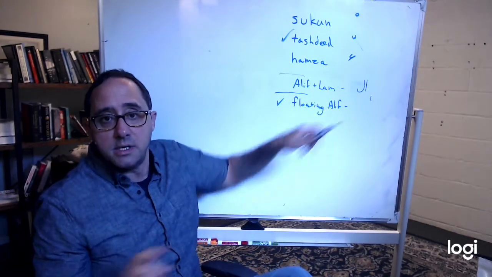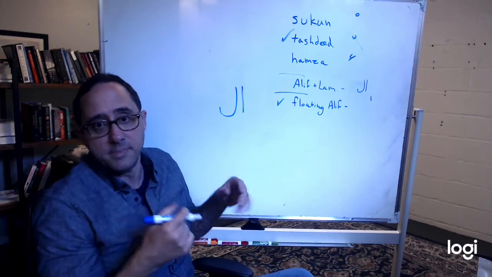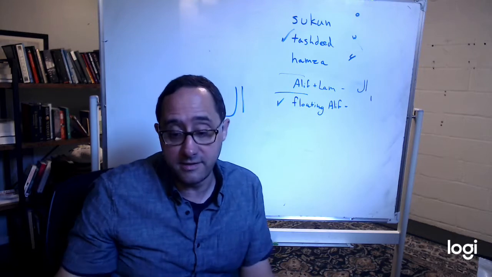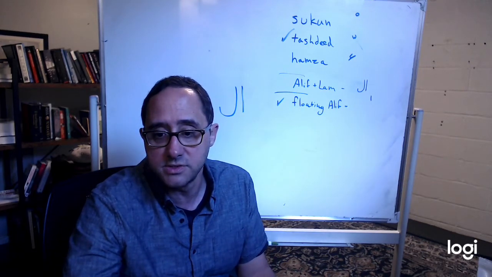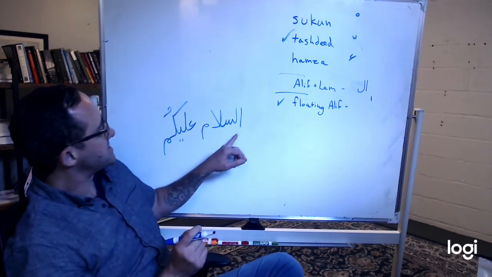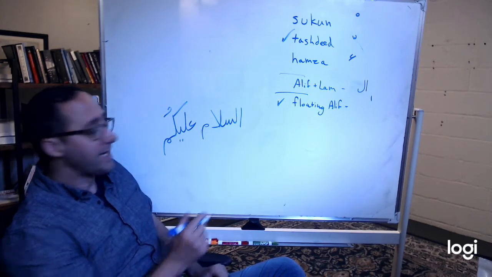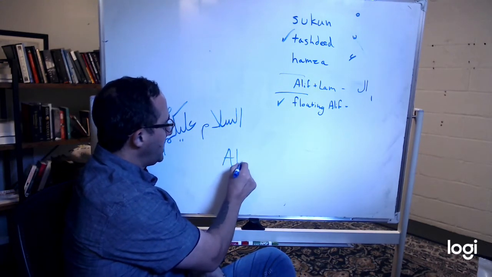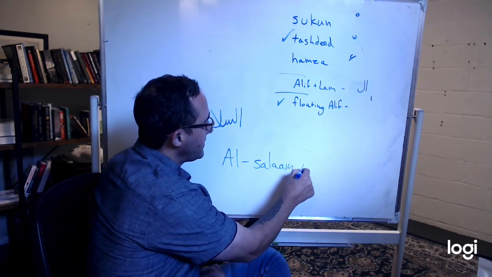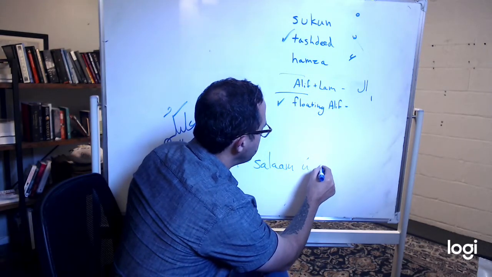Alif, lam. This is Alif, and this is lam. Lam, that's the L, right? In Arabic, there are a lot of Alif lams. The one you'll come across the most is Assalamu alaikum and wa alaikum assalam. Notice that there is an A and a lam there. It's actually al-salam, and then there's alaikum.